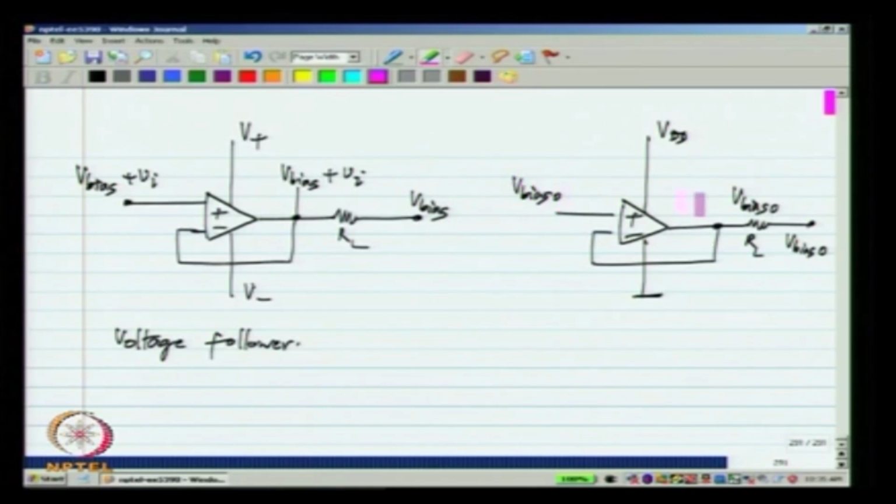For V bias 0, the output will be V bias 0, and the op amp does not supply any current. Now, let me change the value of V bias 0, that I will think of as applying some common mode voltage. So, I will apply a common mode voltage to this and a common mode voltage to that one.